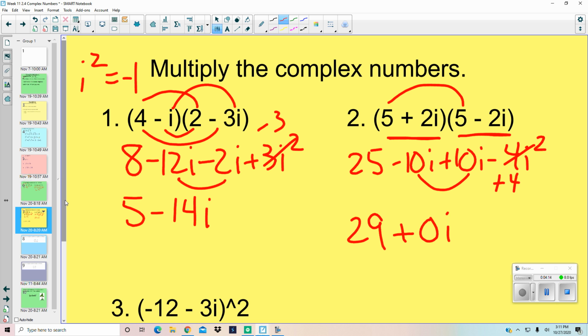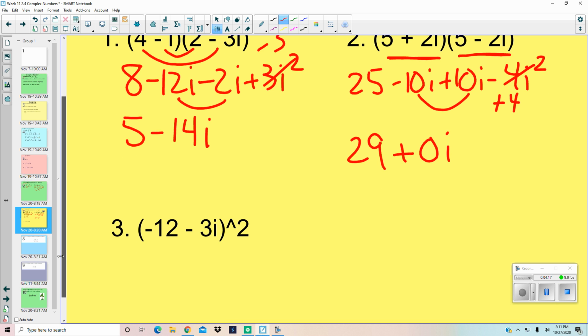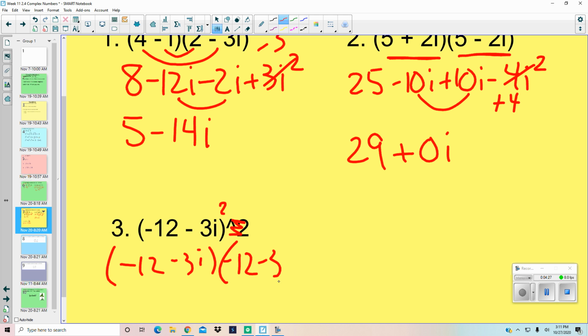All right, so the last one, this should be just a square. I don't know why I typed it up like that. So really I'm doing -12 minus 3i times -12 minus 3i. So that's going to give me 144.